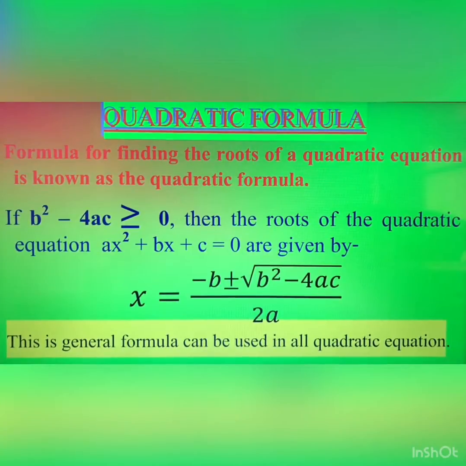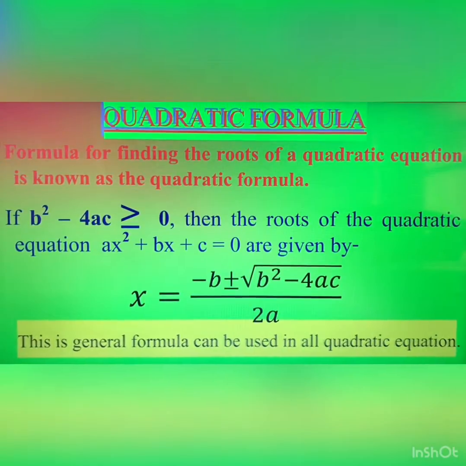The formula is x equal to minus b plus minus under root b square minus 4ac divided by 2a, and you can use it only when the discriminant, that is b square minus 4ac, is greater than or equal to 0. For negative values, that is less than 0, we cannot apply this formula for real roots. So this is the general formula that can be used in all quadratic equations.